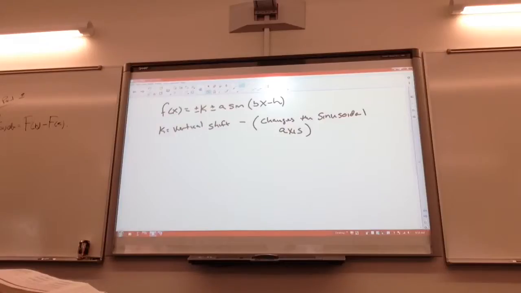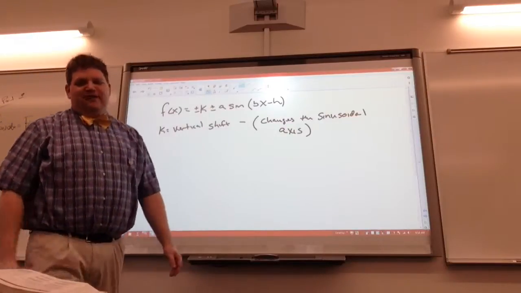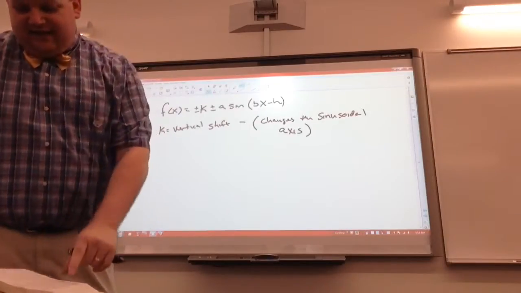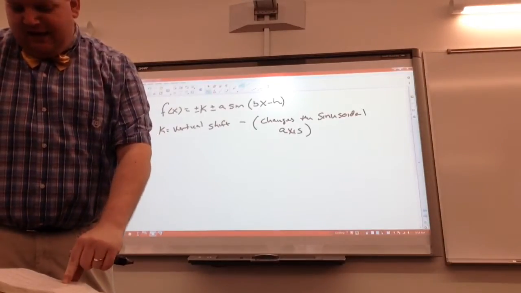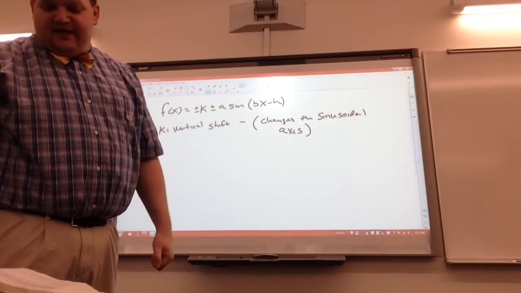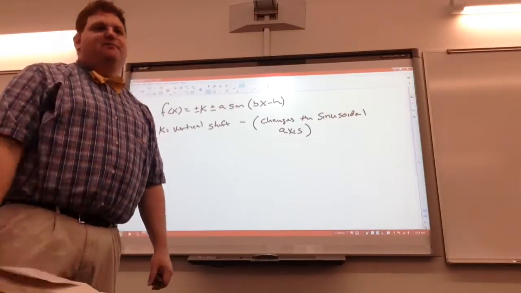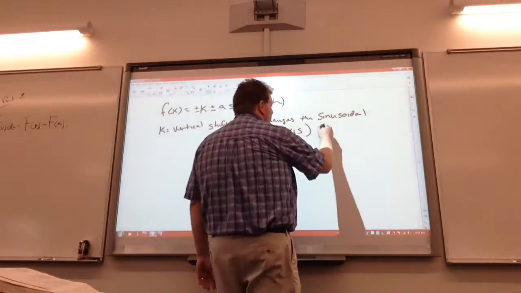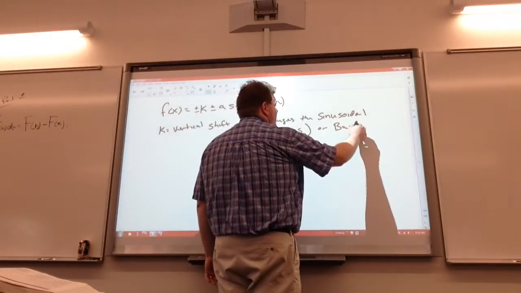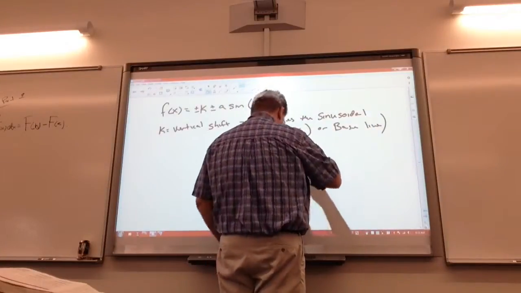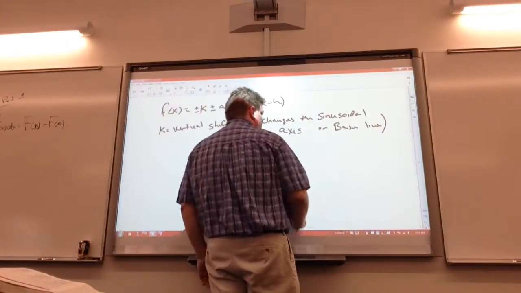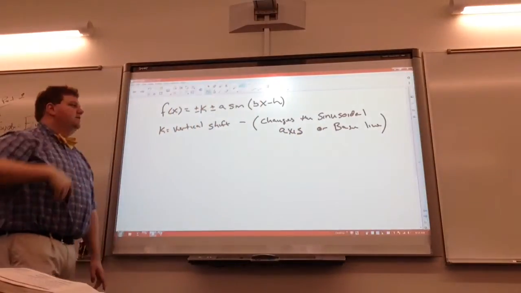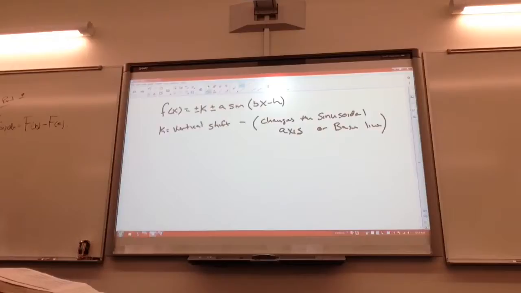I think the term sinusoidal axis, or just the sinusoid, is needlessly complicated. So I usually just call it the baseline, because everyone gets baseline. That's the line that the thing does its waviness around. That's what the vertical shift is specifically changing.